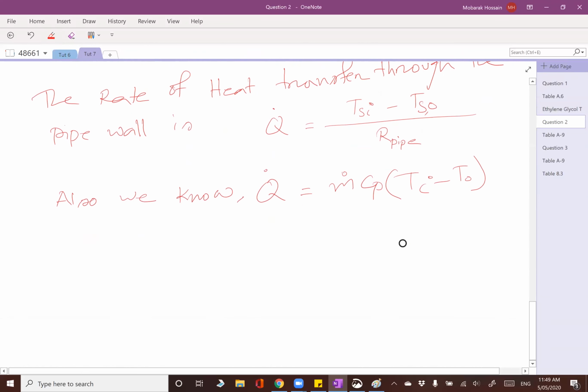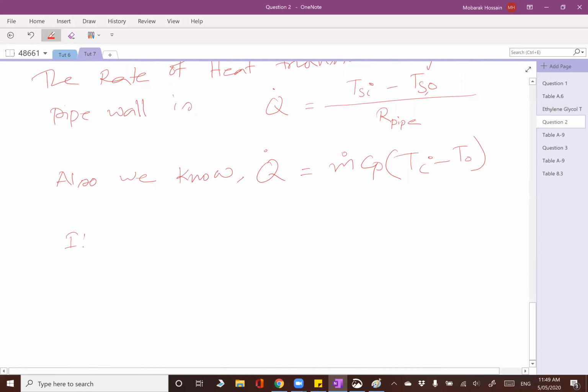Now here we can write the inner surface temperature minus the pipe outer surface temperature, over the pipe resistance, equals the mass flow rate times Cp times the inlet temperature minus the outlet temperature.